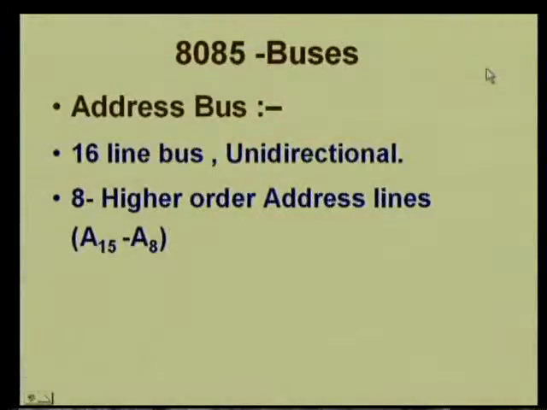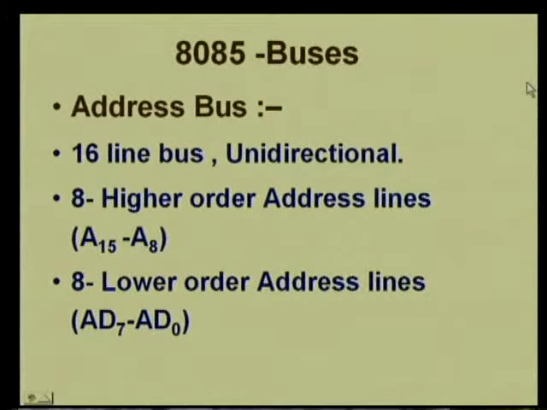The address will be sent by the processor to the peripheral. In general, 8085 has 16 address lines. Among them, 8 address lines are exclusively meant for sending the higher order 8 bits of the address, whereas the lower order address byte is sent over a multiplexed address bus, which is AD7 to AD0.